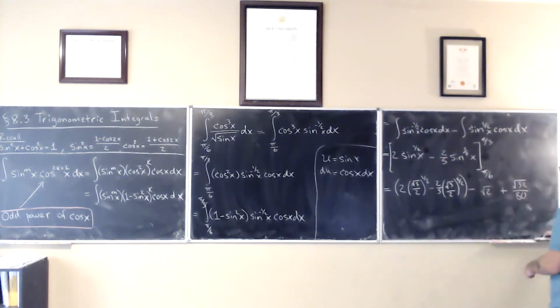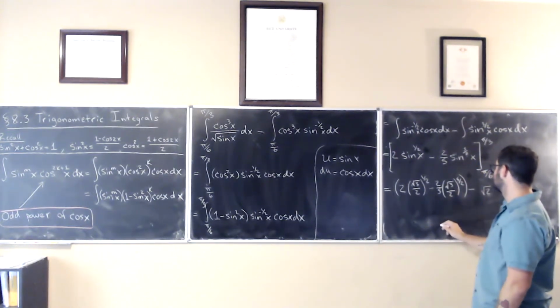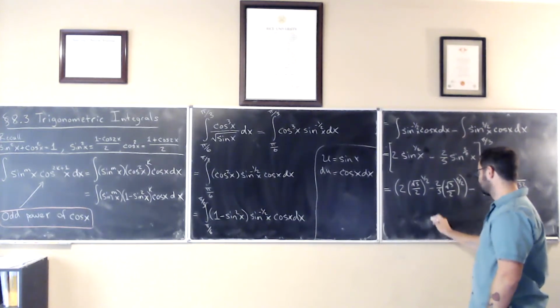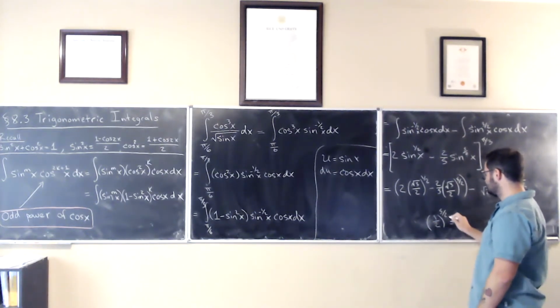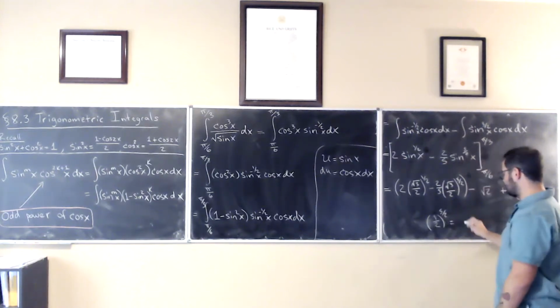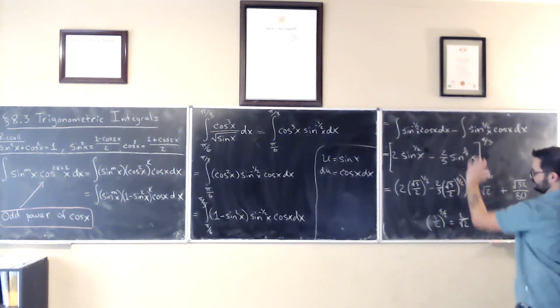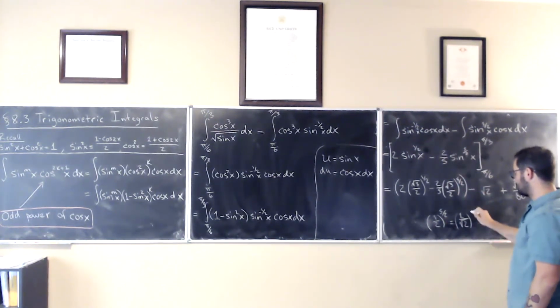And if you plug in a half and raise it to 5 over 2, the half raised to power 5 over 2 is like taking 1 over root 2, the piece you get when plugging in pi over 6, and raising it to the power of 5.